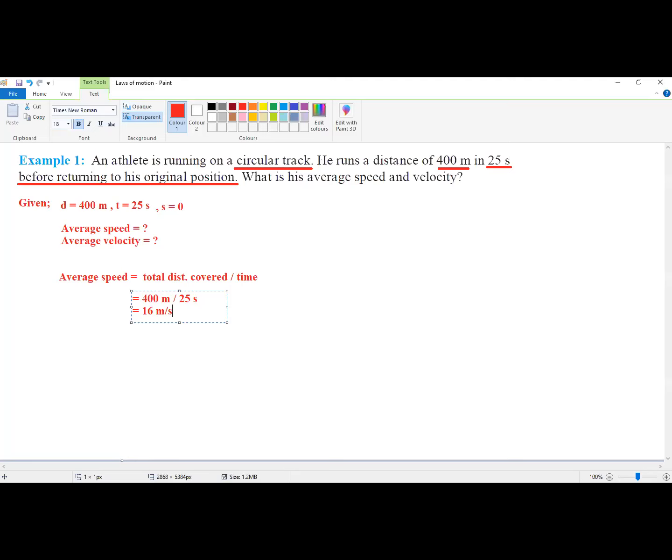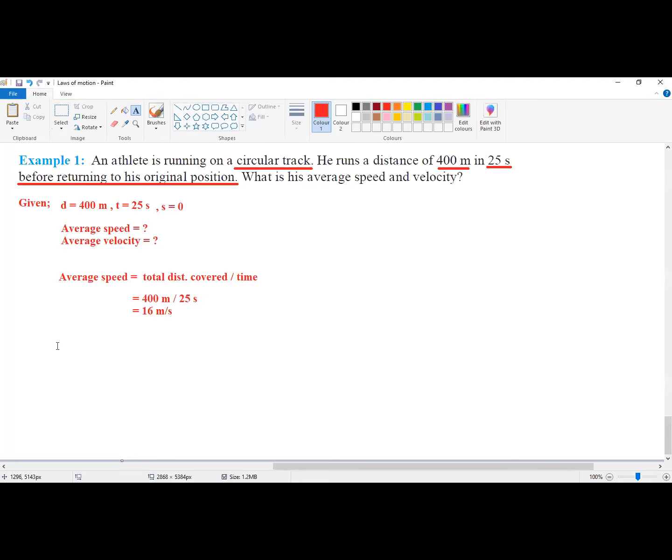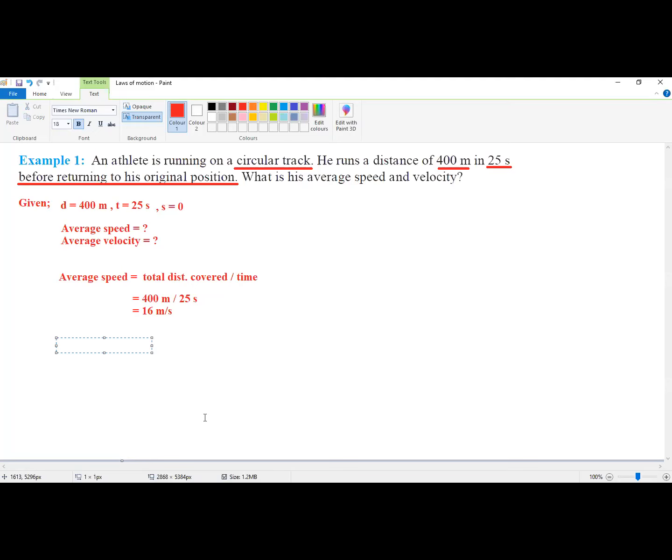And what about average velocity? What is the definition of velocity? Rate of change of displacement, right? So accordingly, we can write average velocity is equal to total displacement upon time.